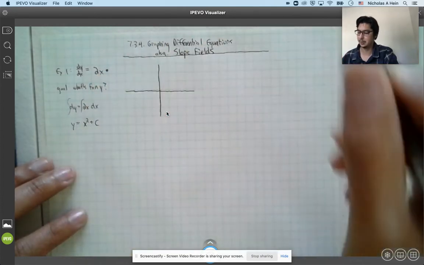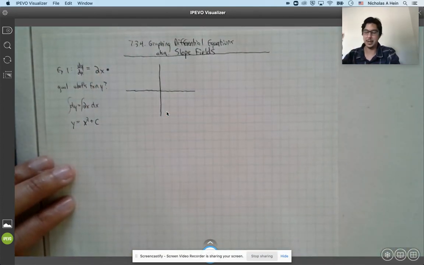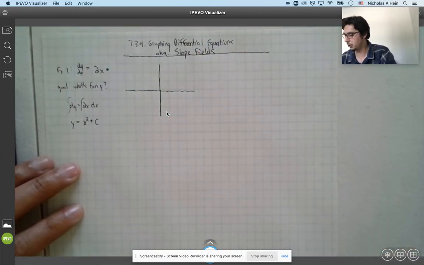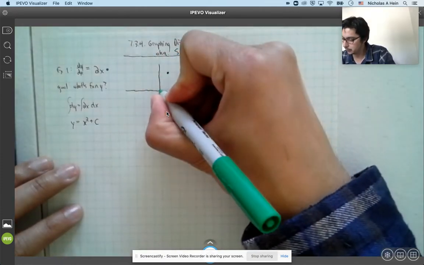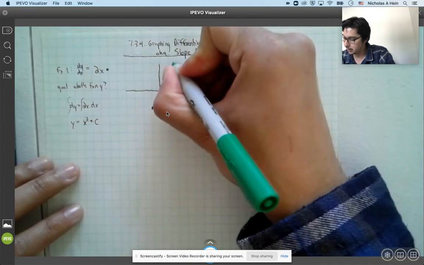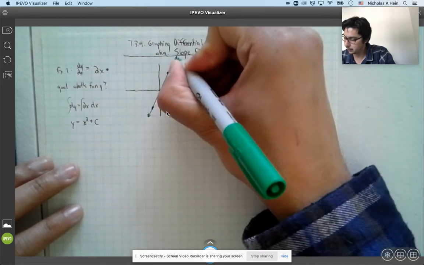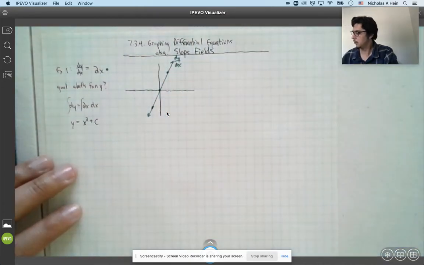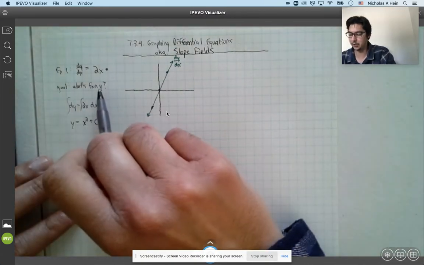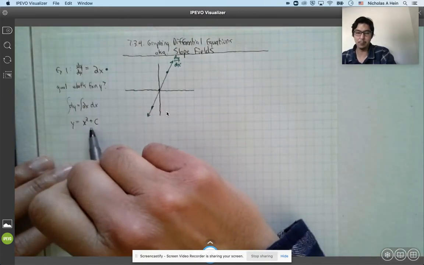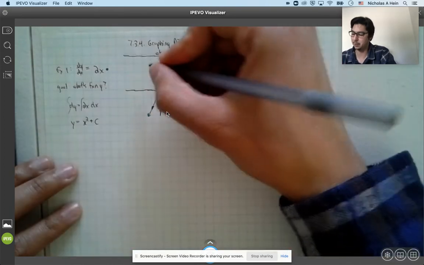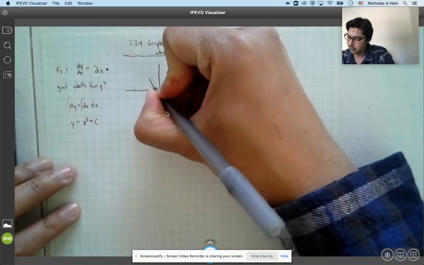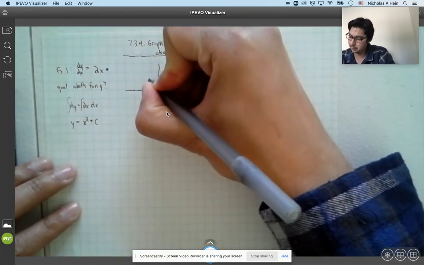Okay. Now, if you remember what I've done in the past, the idea is that dy dx equals 2x, we know what that looks like. There's your dy dx. But the goal here is what's your function y. Now, notice we get y equals x squared plus c, which we know is a parabola. So it's going to look something like this.